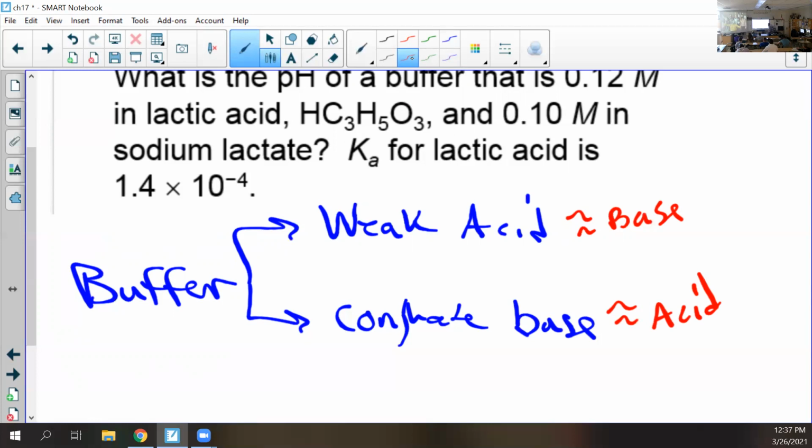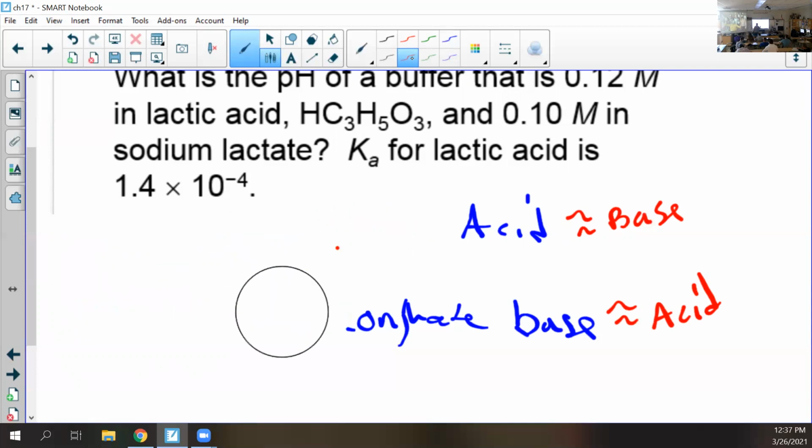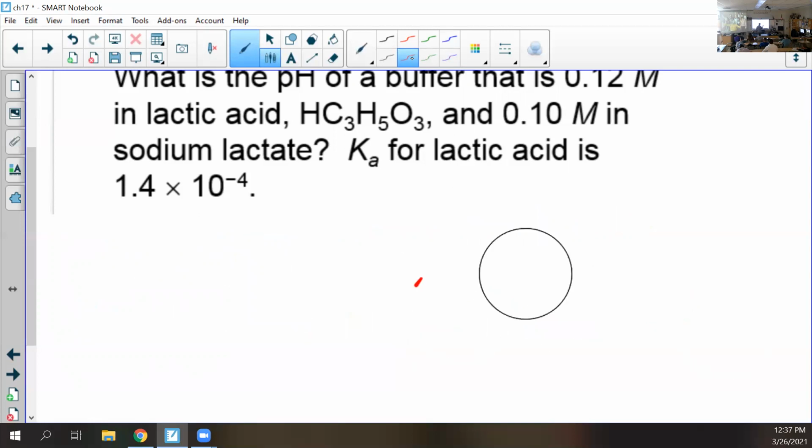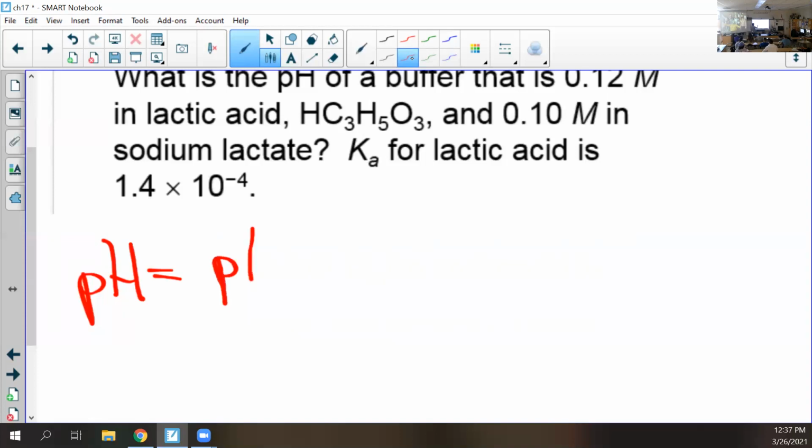Now, to figure out its pH, we plug it into the Henderson-Hasselbalch equation. The Henderson-Hasselbalch equation says pH is equal to pKa, which is the negative log of Ka, plus or minus?